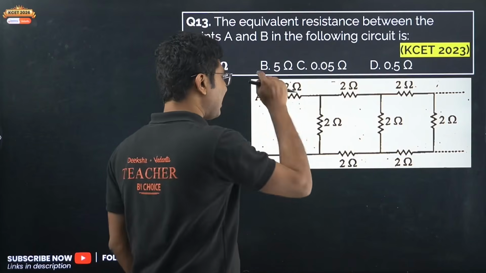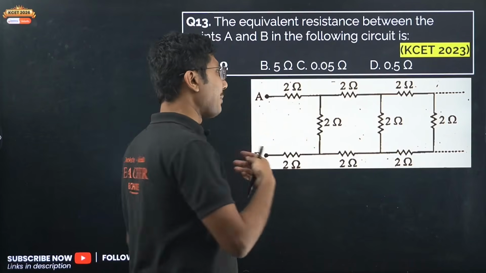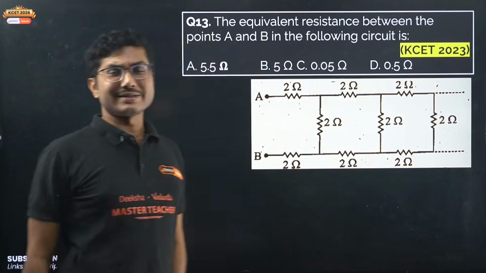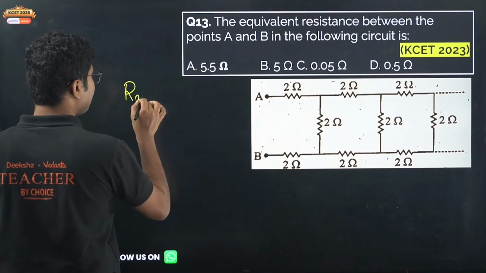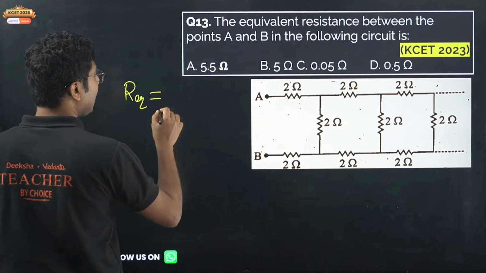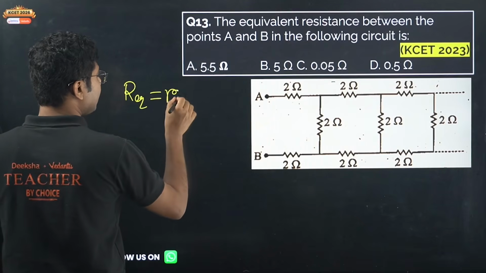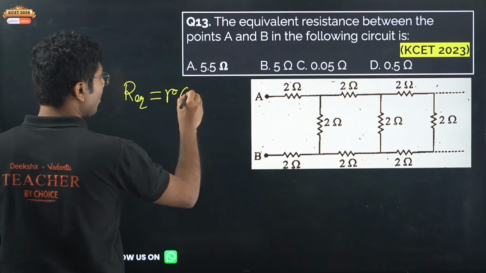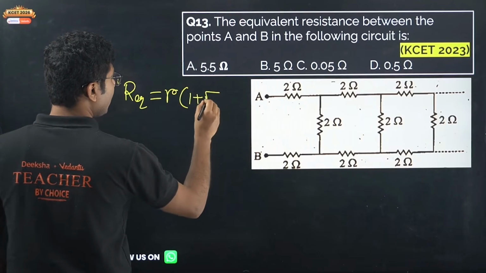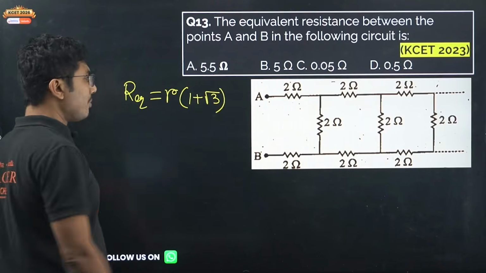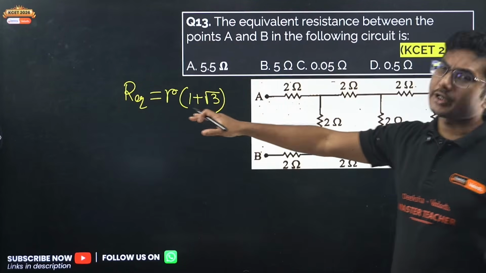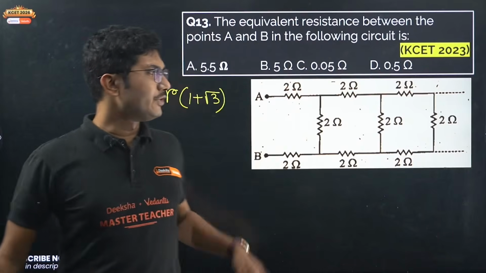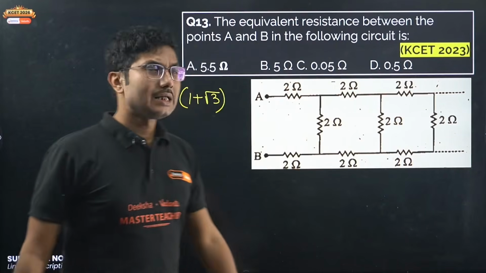It can be 2, it can be 3, it can be small r, it can be capital R. If the resistances are same, then the equivalent resistance of this combination is given by the common resistance into 1 plus root 3. So this is the shortcut formula to solve these type of infinite circuits.